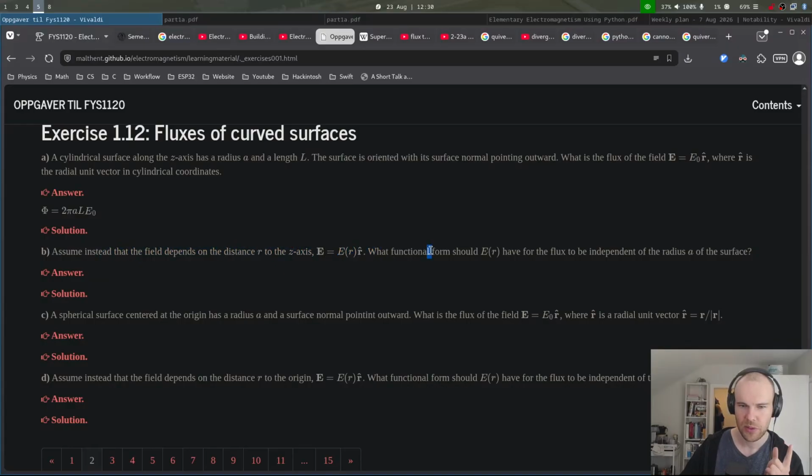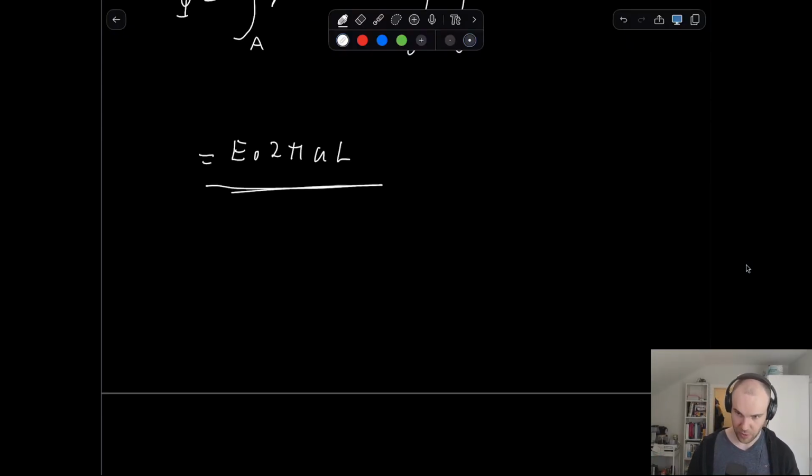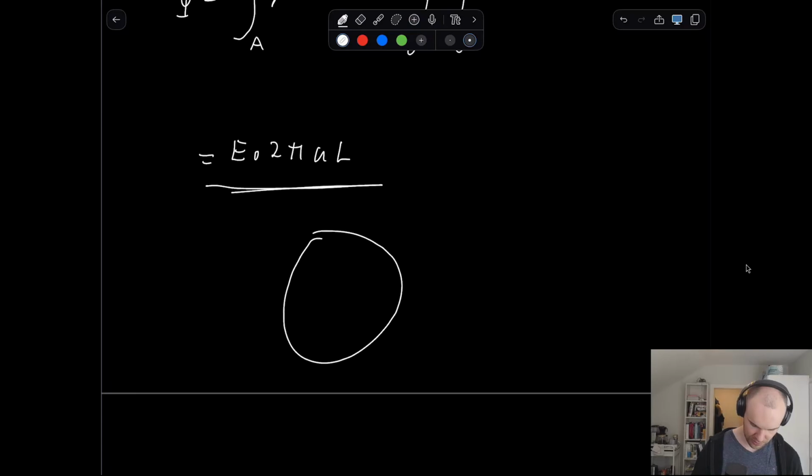What functional form should E of r have for the flux to be independent of the radius a of the surface? If you think of a two-dimensional vector field, to make the radius not matter, that would be something like 1 over r.